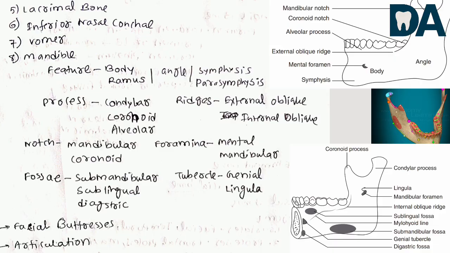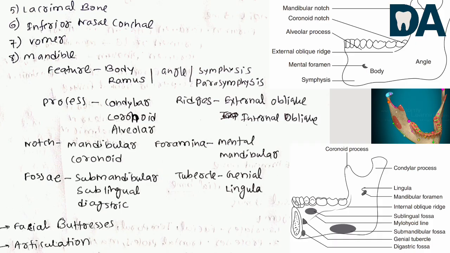Linear bony elevation or crest on the medial aspect of the mandible. Notch. Mandibular notch, coronoid notch. The curvature or depression between the condyle and the coronoid process. Coronoid notch. Depression or concavity on the anterior border of the ramus is called the coronoid notch.